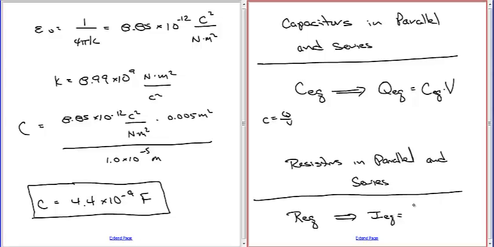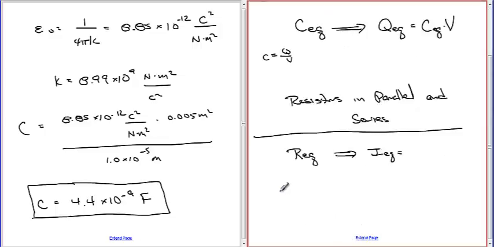You get that from Ohm's law. Ohm's law says it's voltage per current. So to get current, it's going to be voltage divided by the equivalent resistance. So there'll be some battery, and you'll get the current.